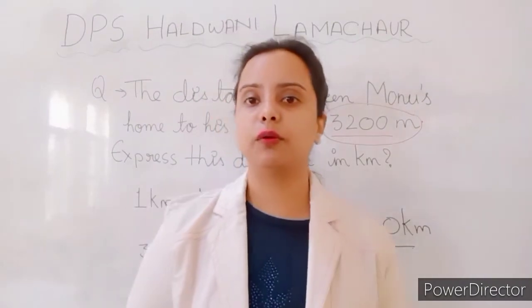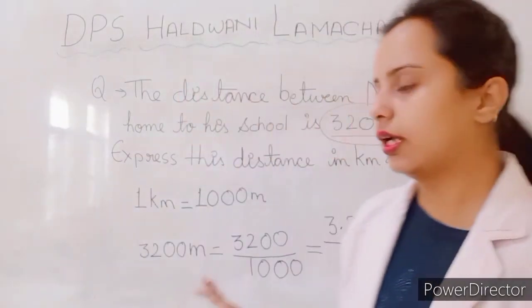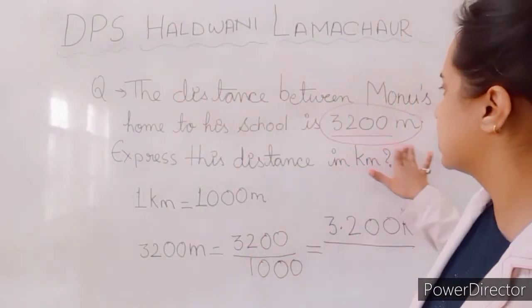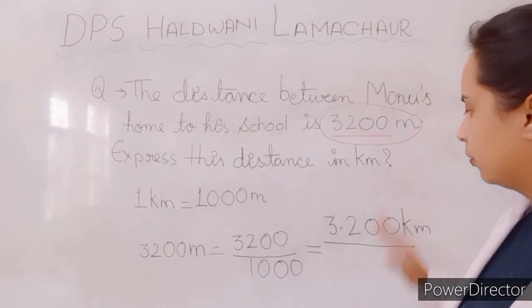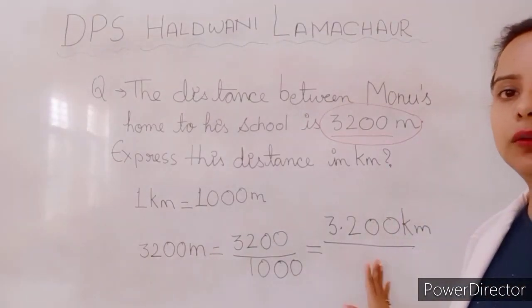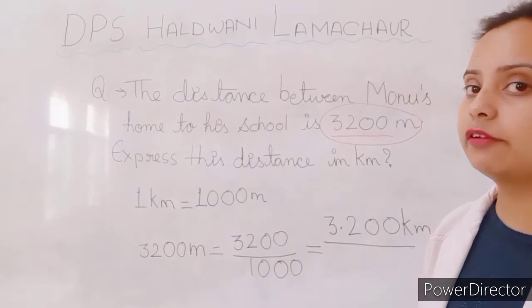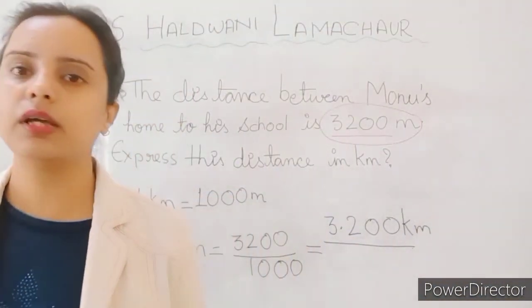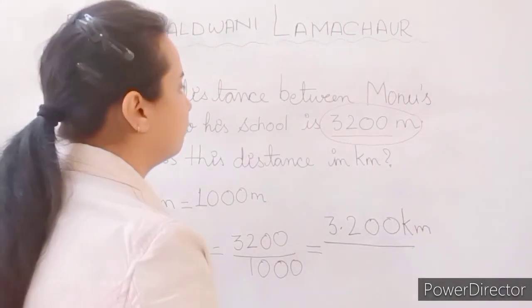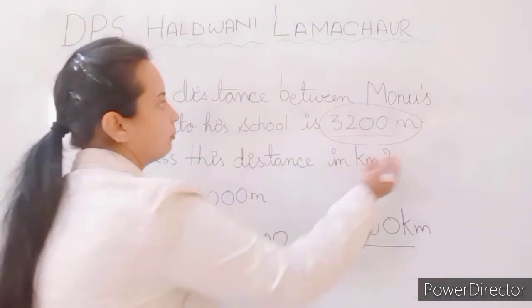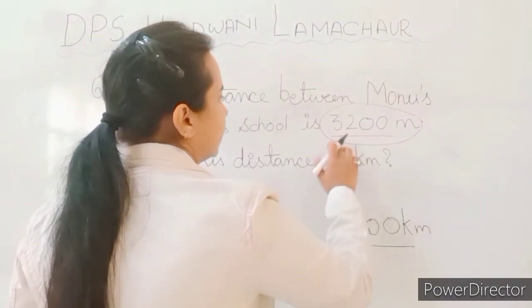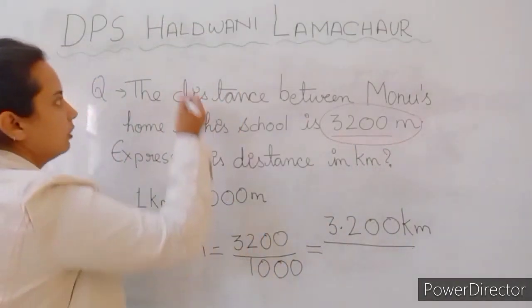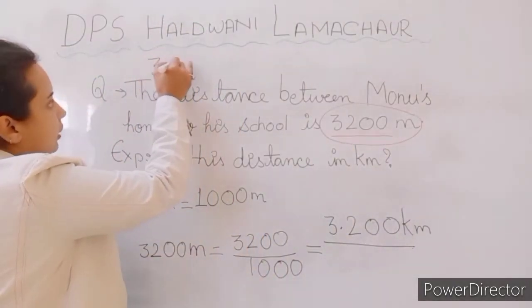So students, I hope you understood how to convert the distance which is given in meters to kilometers. Now if it is given in kilometers, what will we do? We will multiply.